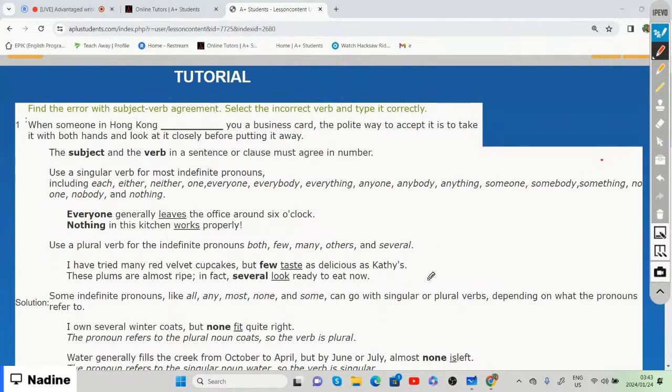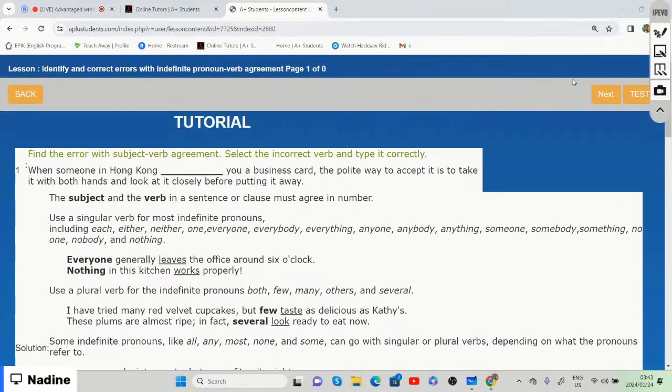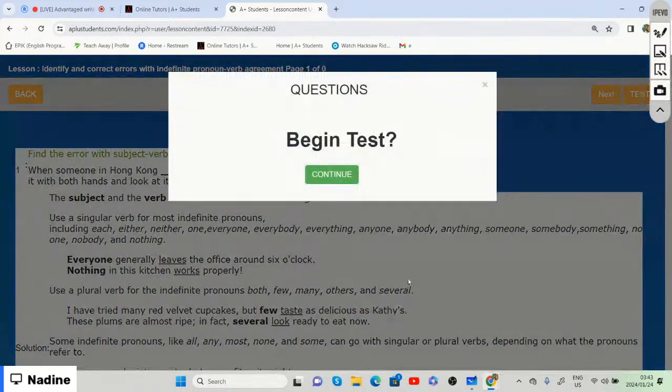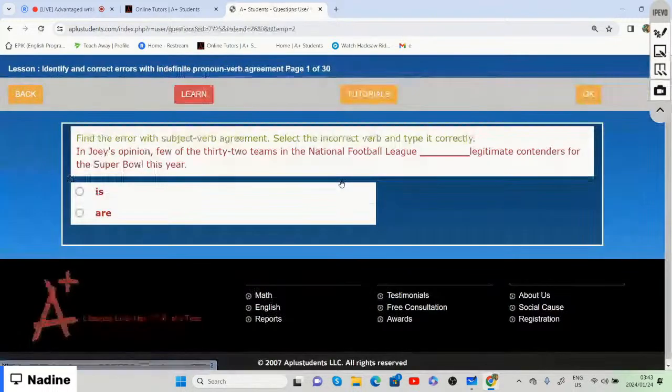All right, let us go to our test, right? So we're going to our test, where in Joey's opinion, we need to find the error with the subject verb agreement, right?